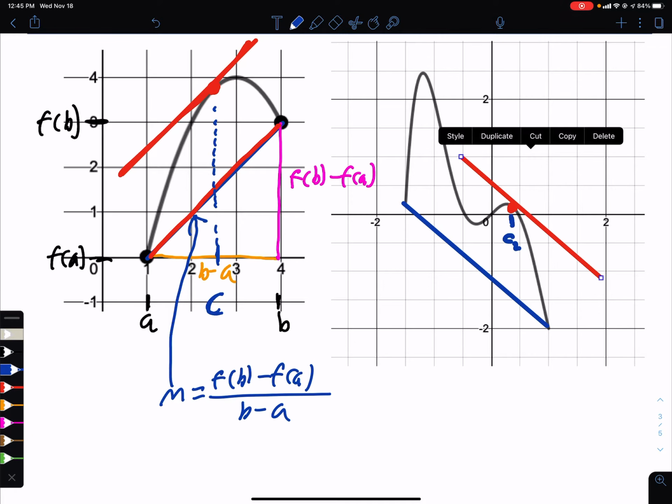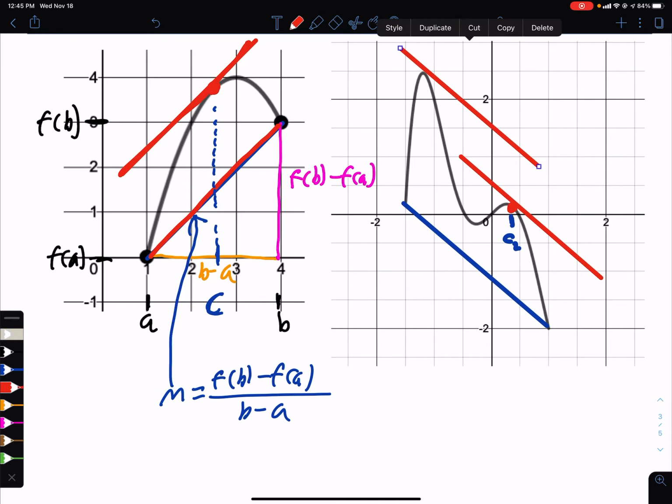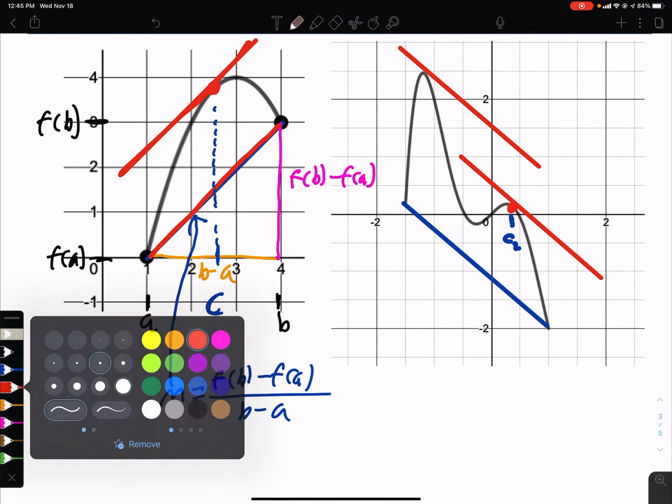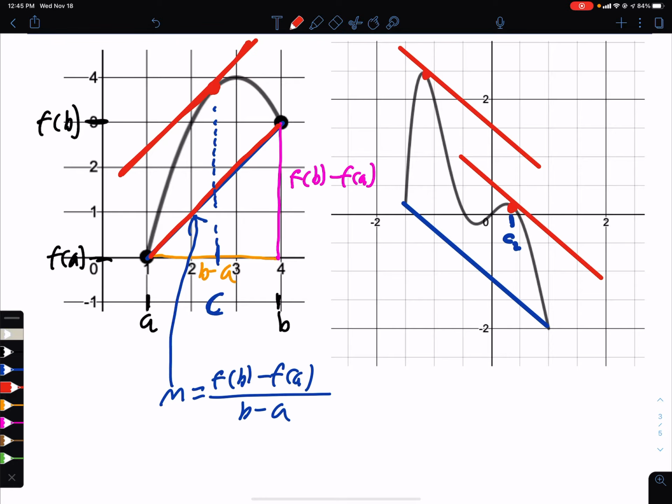I'm going to see if I can copy and paste. I don't know why it's not letting me. Nah, ain't going to happen. Let's do another one parallel. Okay, there's another point where that happens, right there. So there are 2 points. I'm going to call this one C1. All right.